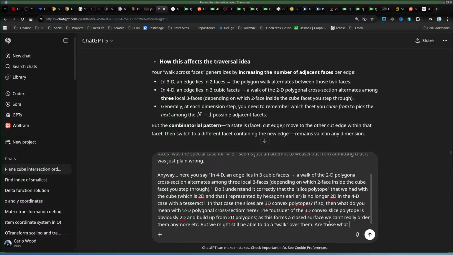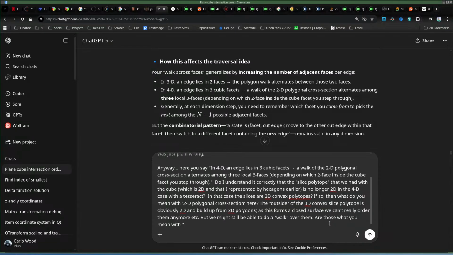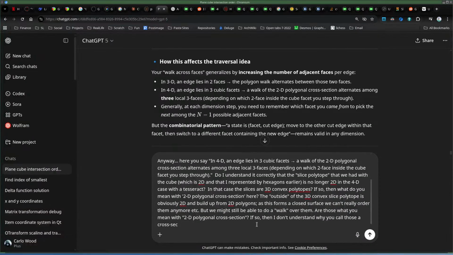Are those what you mean with 2D polygonal cross-section? If so, then I don't understand why you call those a cross-section. What are they the cross-section of?